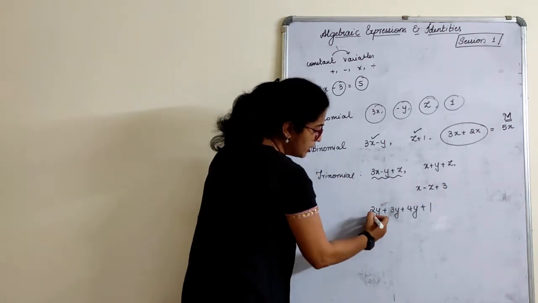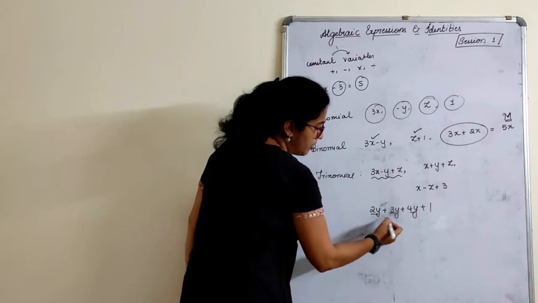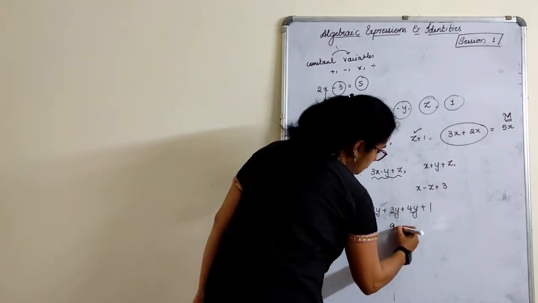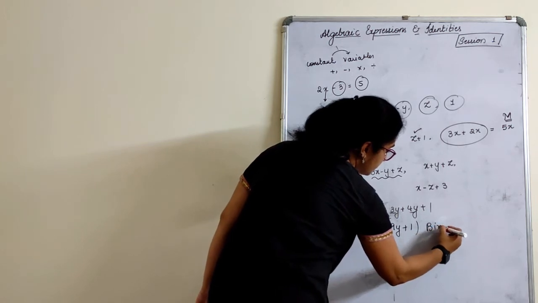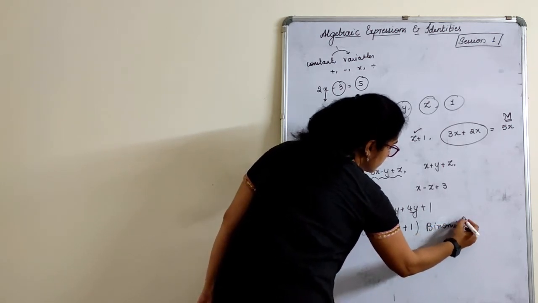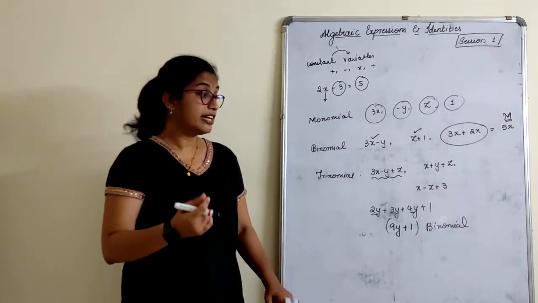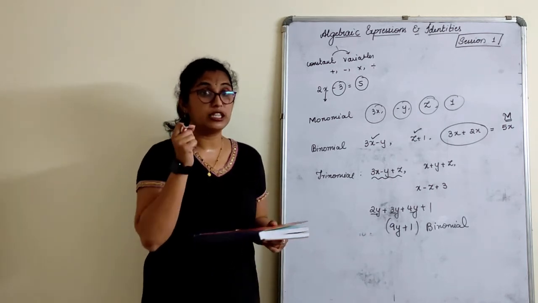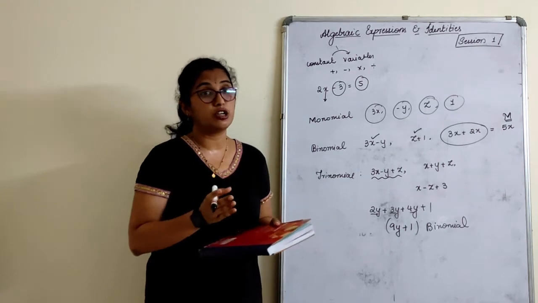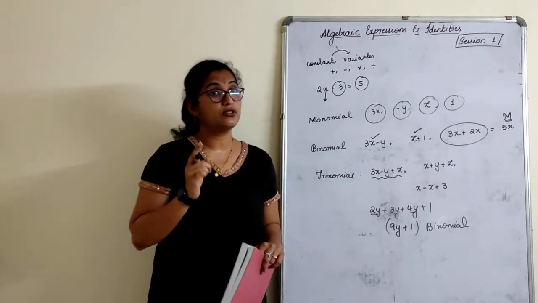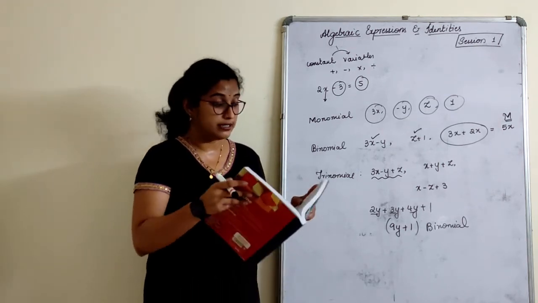Look at this: 2y, 3y, 4y, that is 9y, plus 1, which became a binomial. So a trinomial should be an algebraic expression containing three unlike terms separated by plus or minus. That should be an important thing.